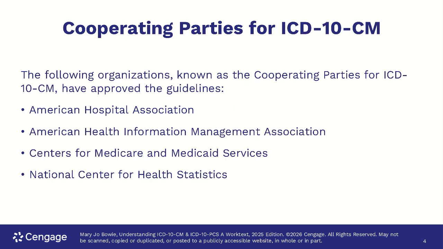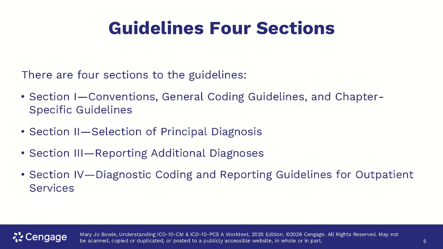On an annual basis, four organizations who are known as the cooperating parties get together and approve these guidelines. Those four organizations are AHA, AHIMA, CMS, and the NCHS. So what I just did was give you the abbreviations for those four organizations.